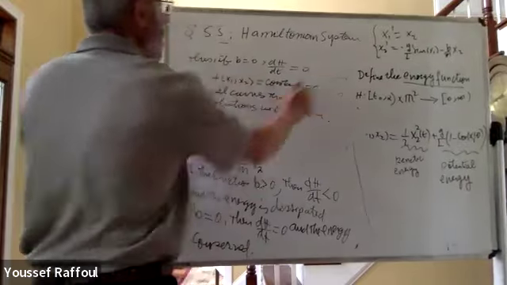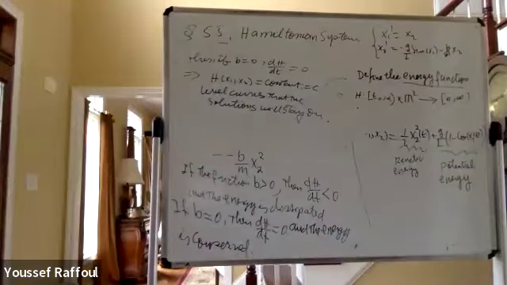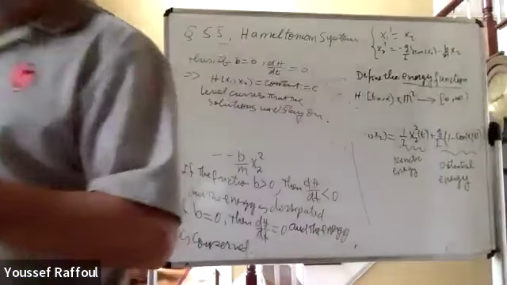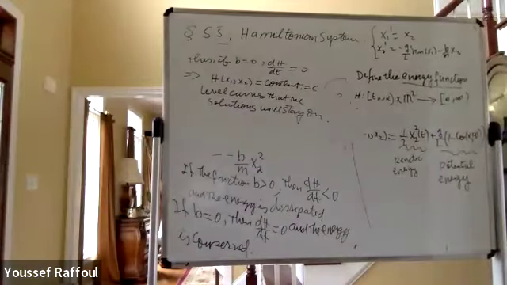In other words, these are the solutions, and any solution with an initial condition will eventually go to this level curve and stay there. Okay?